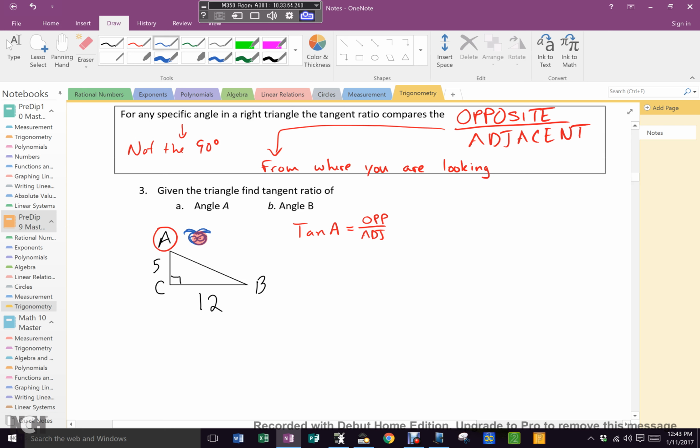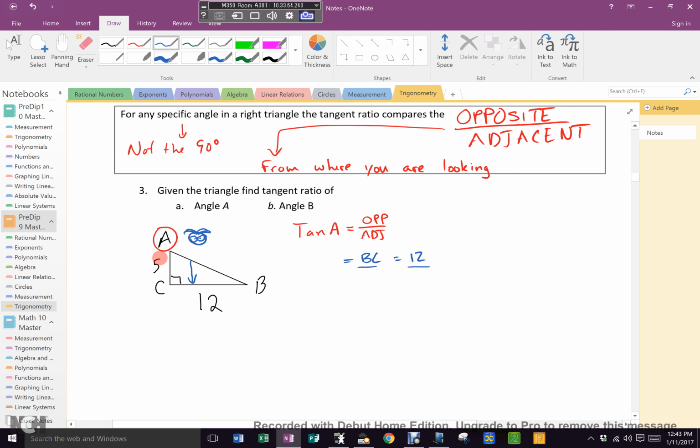What is opposite to me when I'm at angle A? Across the triangle, what do I find? What number is it? It is BC, and it is 12, correct? All right. What is adjacent to me? There's two that are beside me, aren't there? One of them is AB and one is AC.